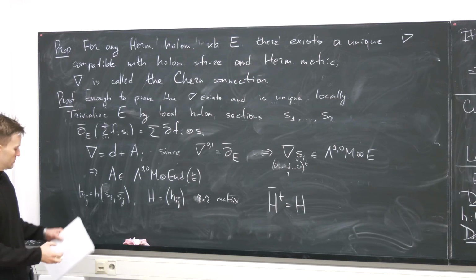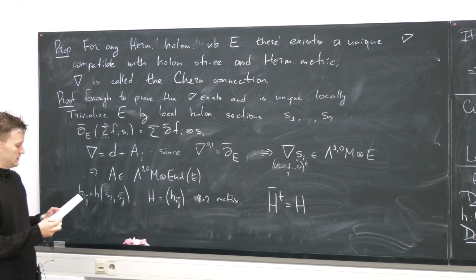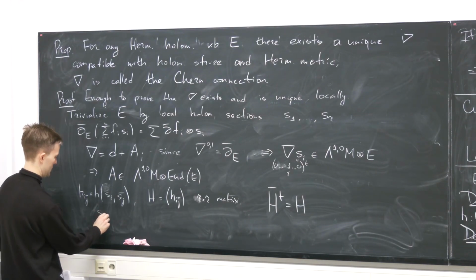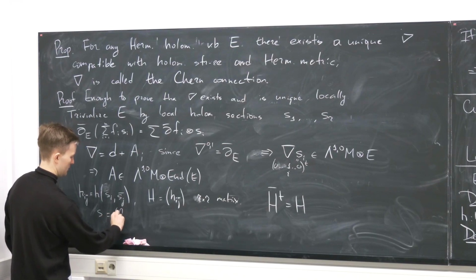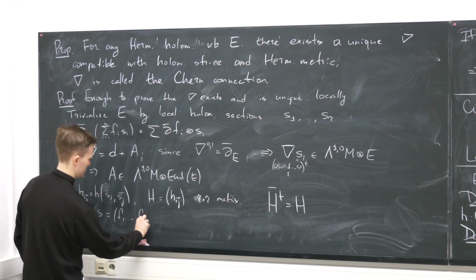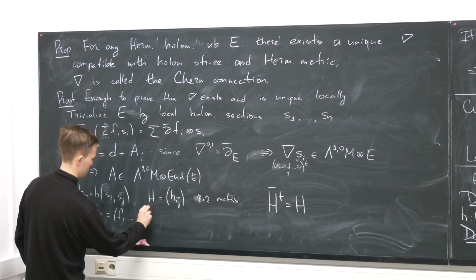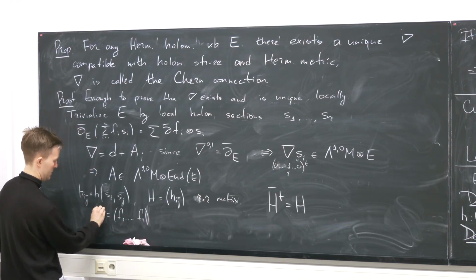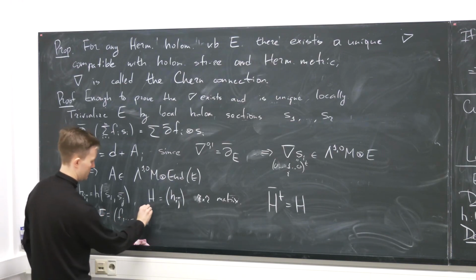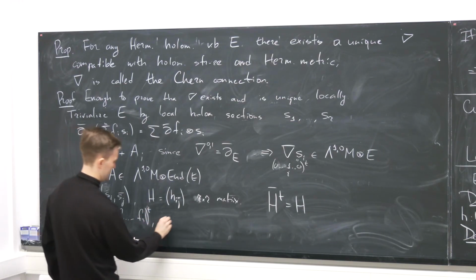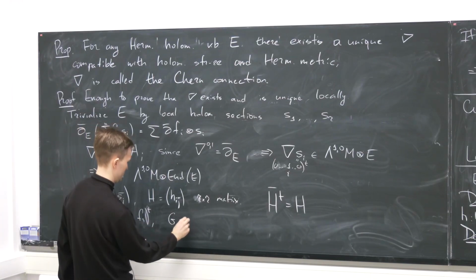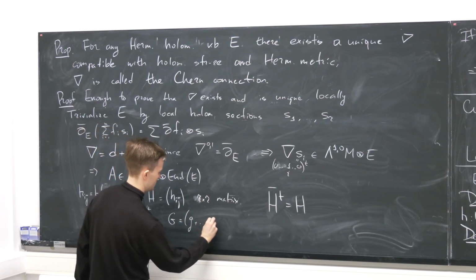How to write down the condition that it is preserved? Let's take two sections S and T. S has coordinates F1, Fr; let's call this column vector F, and the second section, let's call this column vector G, G1, GR.